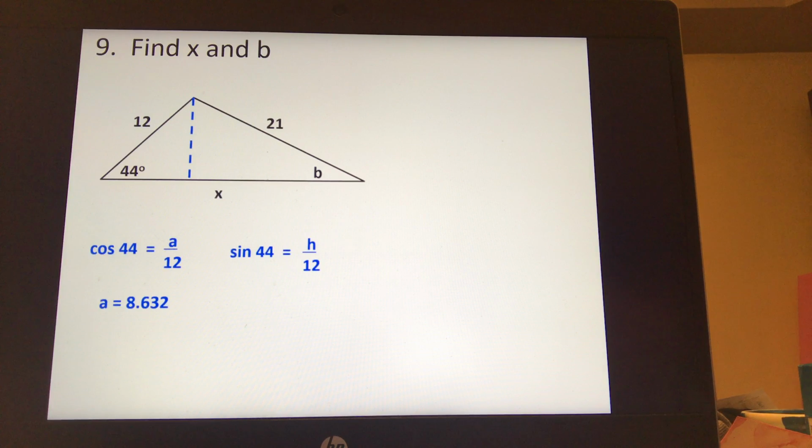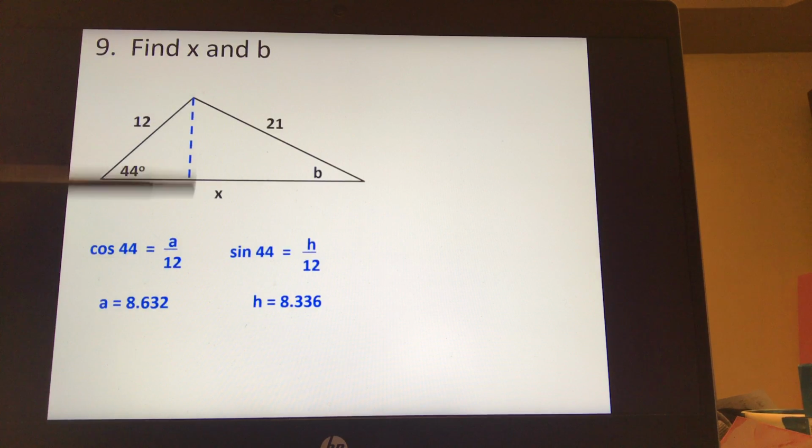A little multiplication on that one, and you should get a number that's smaller than 12 as well, which numerically should make sense. They're very close together. This is almost a 45, 45, 90, and in a 45, 45, 90 they'll be exactly the same. So they're almost exactly the same. Makes sense.